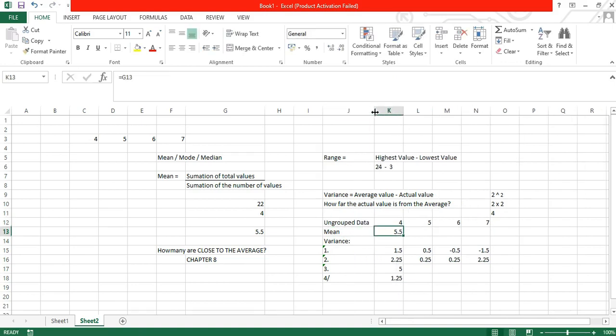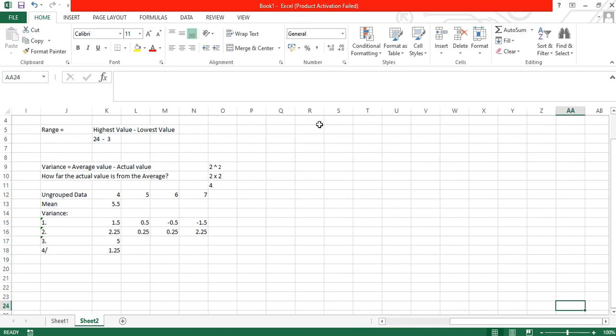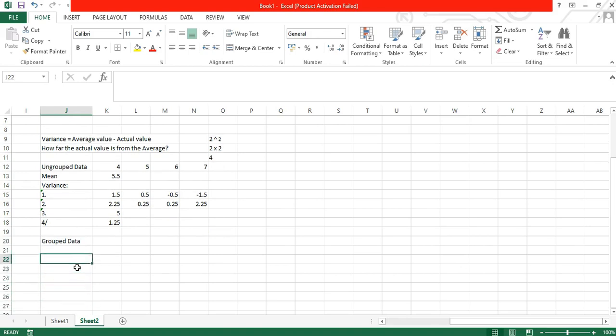Right. Now let's see what's for grouped data. Let's say a situation where we have 2 to 8.